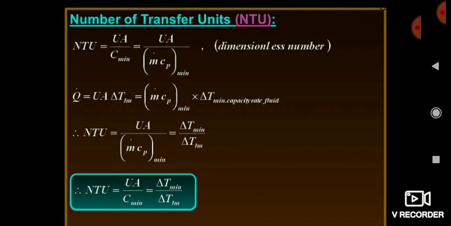You should not simply take the specific heat as the C minimum. That is totally wrong. To calculate C minimum, you have to multiply the mass flow rate into the specific heat of that fluid, then you are able to calculate the C minimum. Otherwise it is totally wrong. If you are considering only the specific heat, then it is totally wrong.